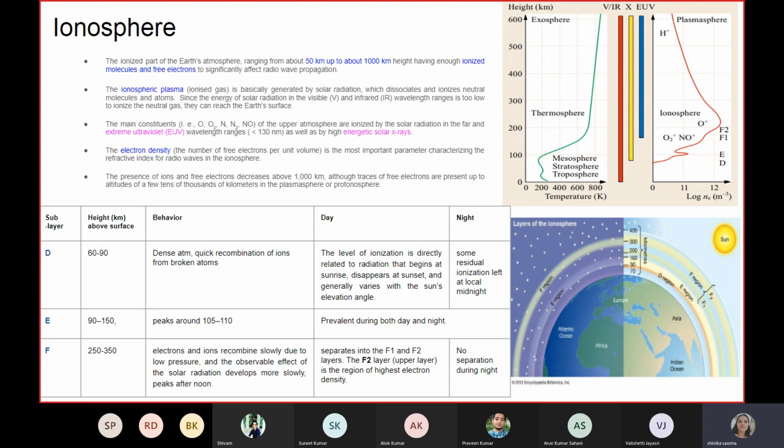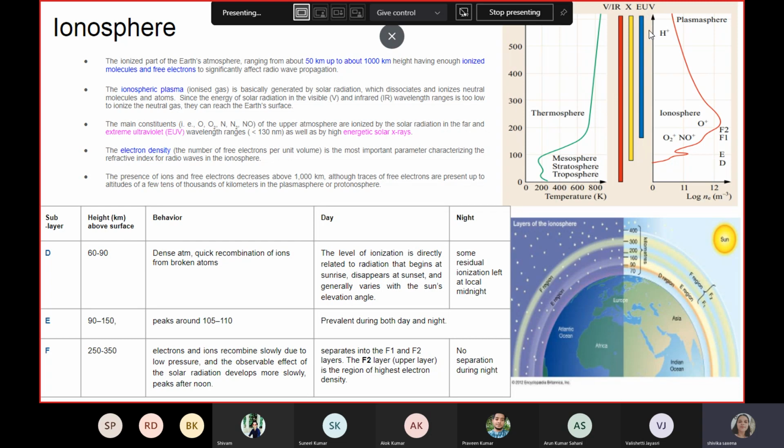You can see this in the diagram on the right hand side, where energy from this red bar is received at the surface of the earth, as against the X-ray, that yellow bar, as well as extreme ultraviolet, that blue bar. The lengths of these bars represent the depth of penetration inside the atmosphere towards the surface of the earth.